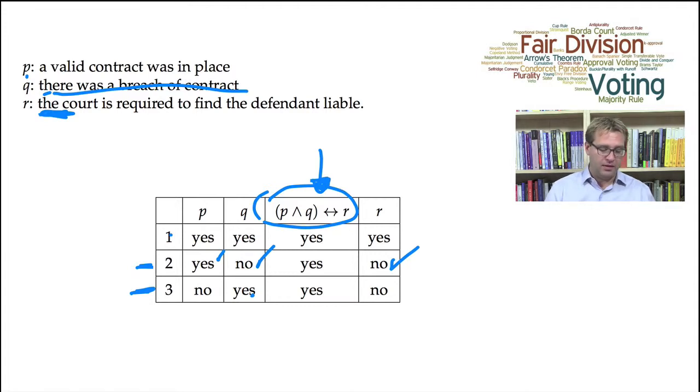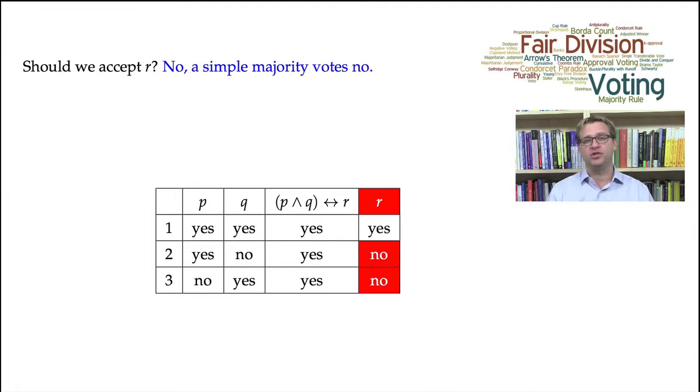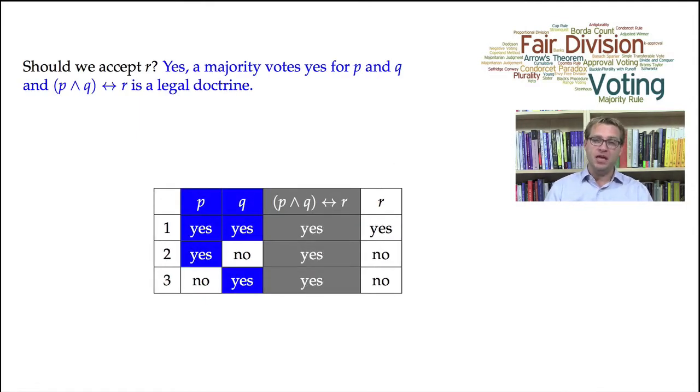Now, a paradox arises if you ask the question, should we accept R? Should we find the defendant liable? Well, on the one hand, it seems like the answer should be no. You just look, what do the judges think about the proposition R? And a simple majority say that the answer is no. So the answer should be no. However, if we look at the judges' opinions about P and Q, note everybody accepts P and Q if and only if R. And if you ask the judges, do you think that P is true?